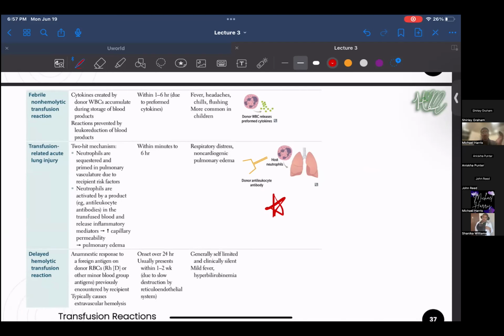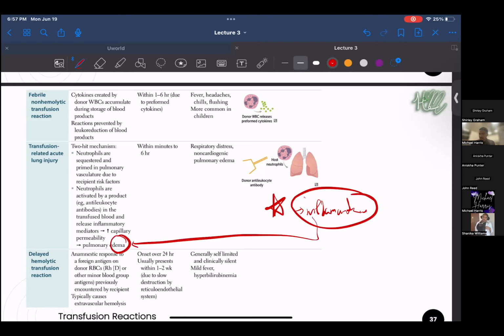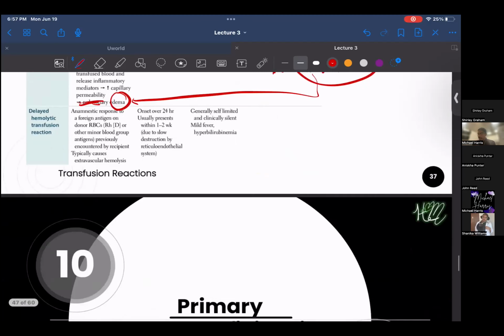The donor antibodies then target your host white blood cells in the lungs, which causes them to become activated and causes symptoms of inflammation. And what is the big sign of inflammation? Edema. Don't worry about the pulmonary portion because you'll get there, but edema is a big symptom.